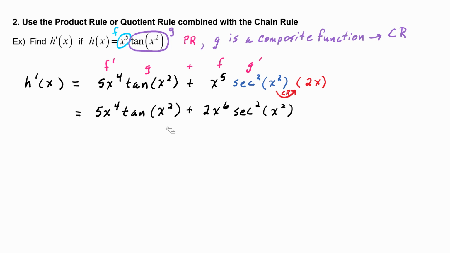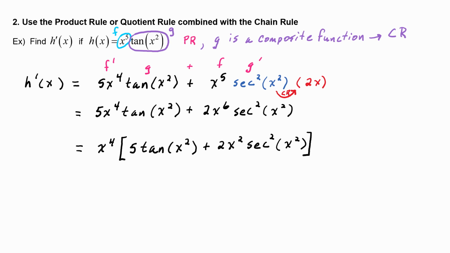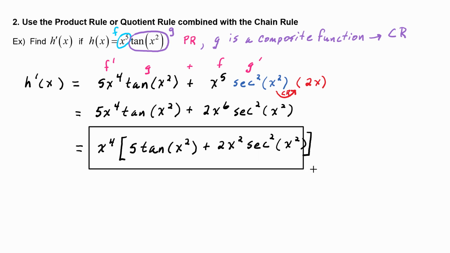And now between these two terms, we could factor out an x to the fourth, and we would have left 5 tangent of x squared plus 2x squared secant squared of x squared. And this is our derivative.